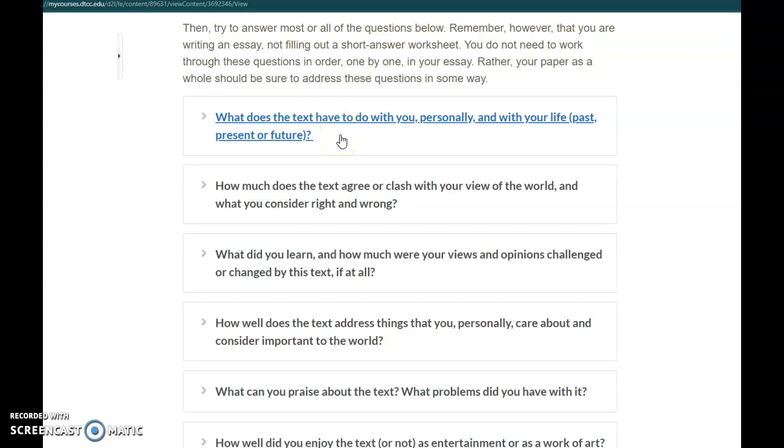You would answer that question and maybe say something like, as many of you did in your annotations, this text connects with me personally because as an American, I have to think about the possibility that a mass shooting might occur.